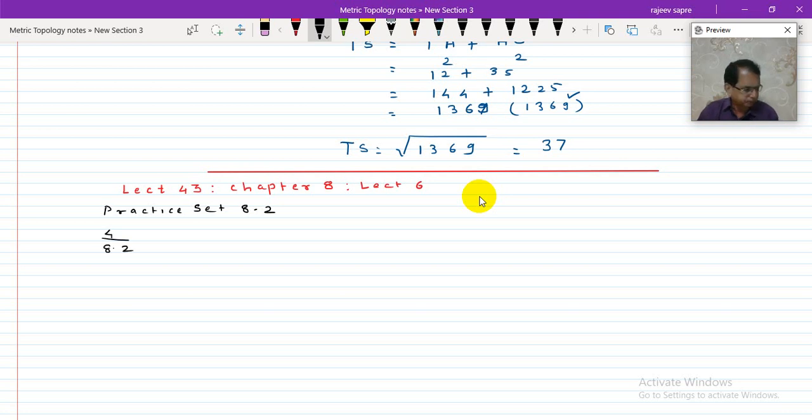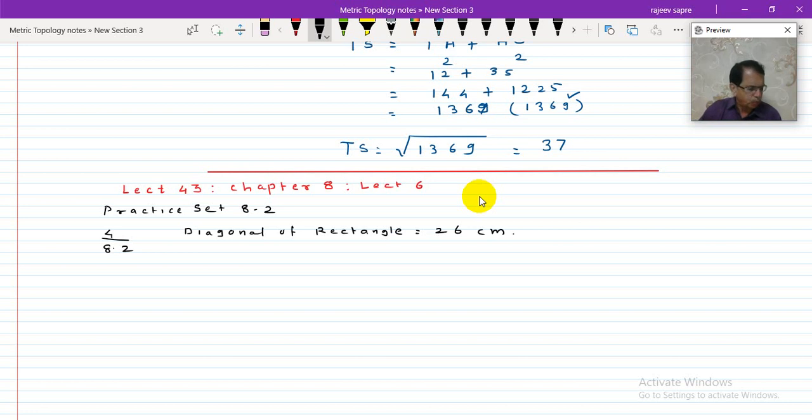Diagonal of the rectangle is 26 centimeters. I will just write whatever is needed. So diagonal of rectangle is given to you as 26 centimeters.